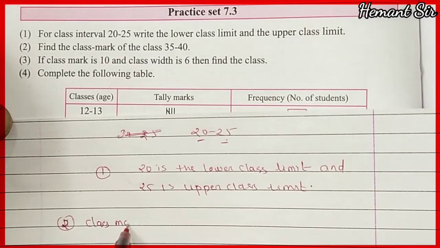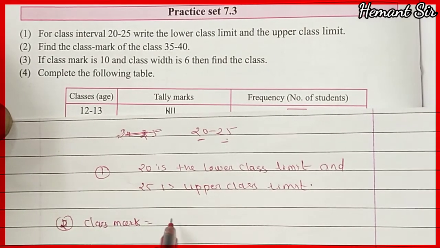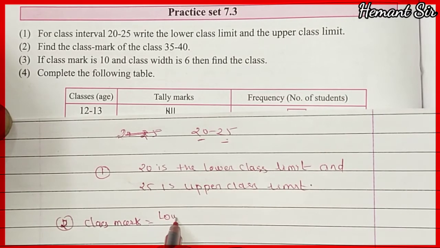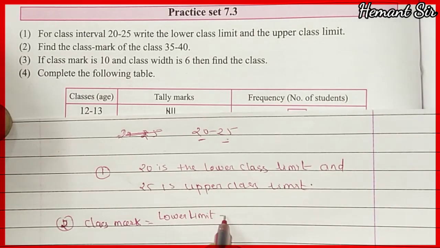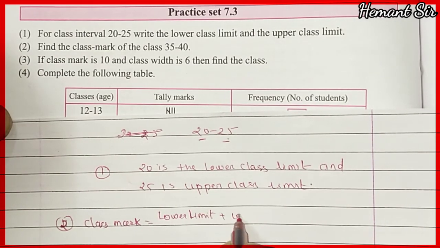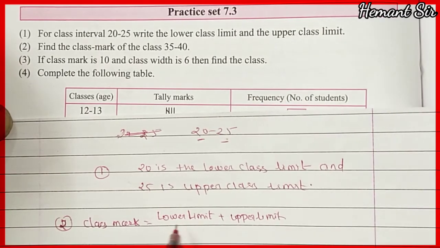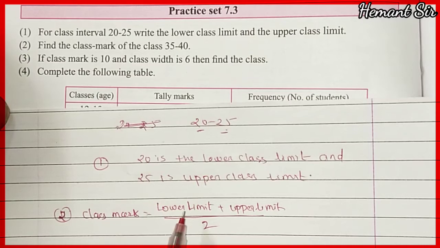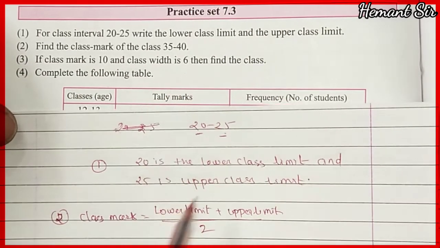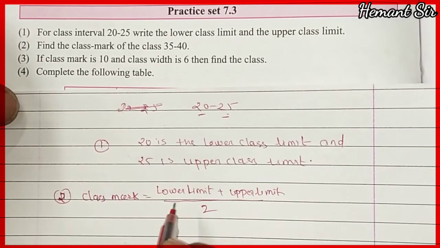Class mark equals lower limit plus upper limit divided by 2. The lower limit for 35 to 40 is 35.